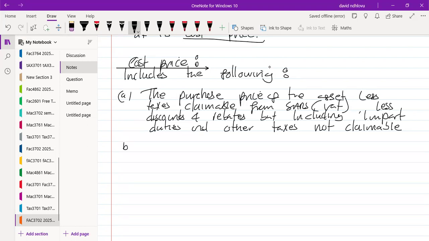Right, besides the cost price or the purchase price, it also includes the direct costs incurred to bring the asset to intended use and condition.